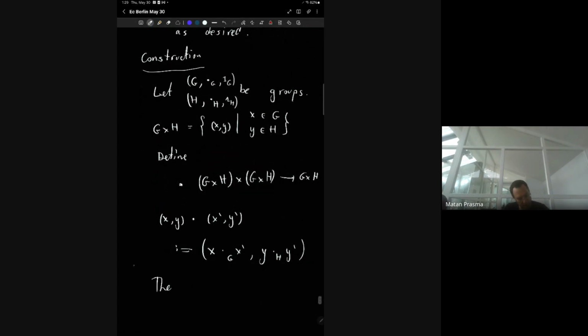Then an exercise: this set G times H with the operation dot and the neutral element (1_G, 1_H) is a group.